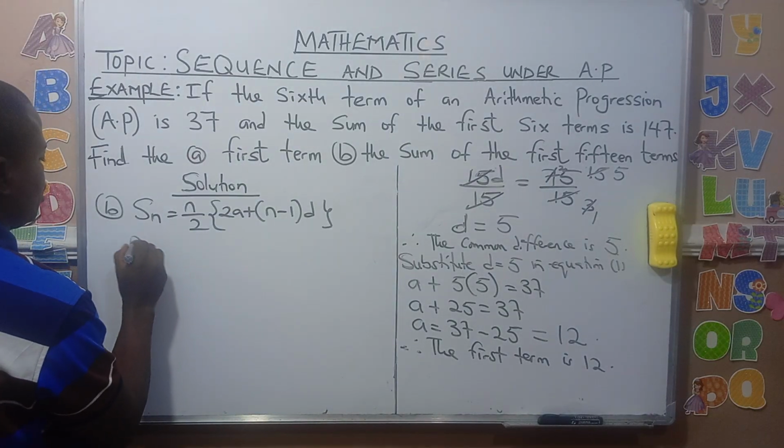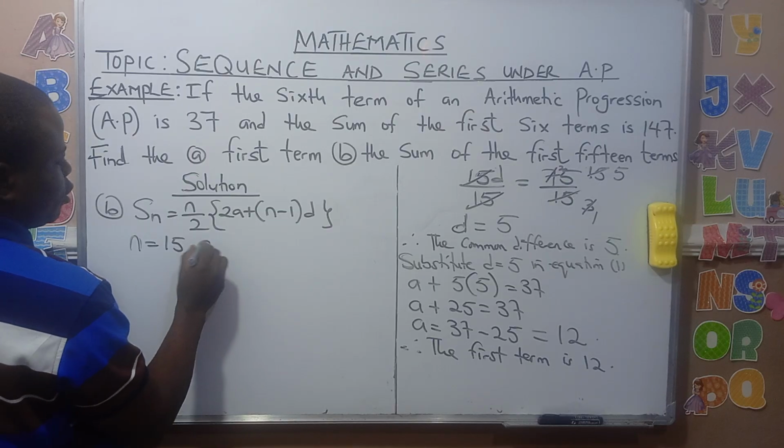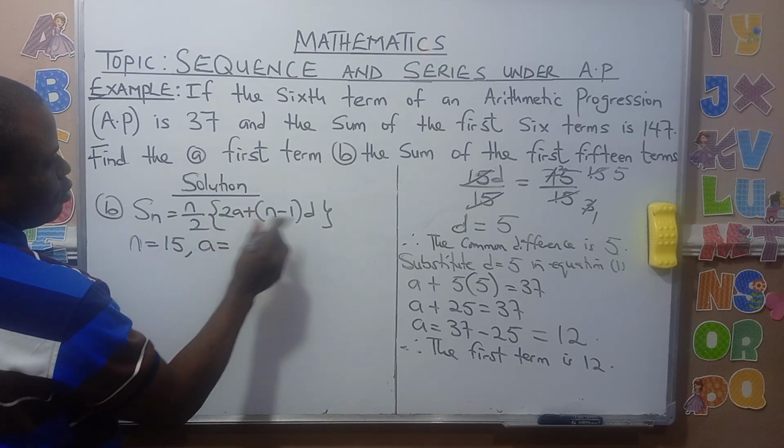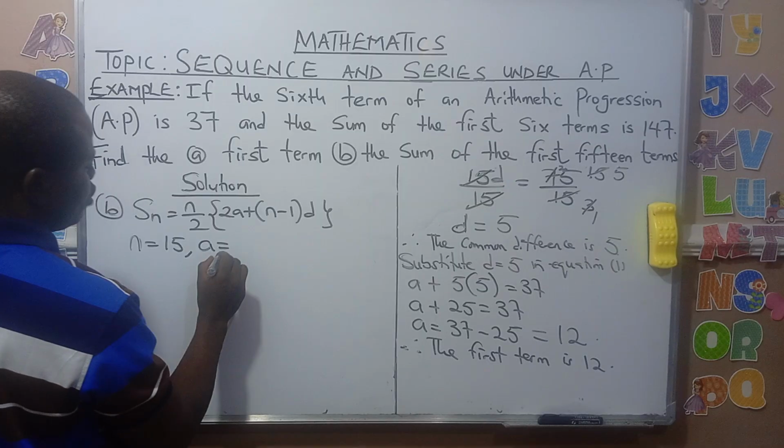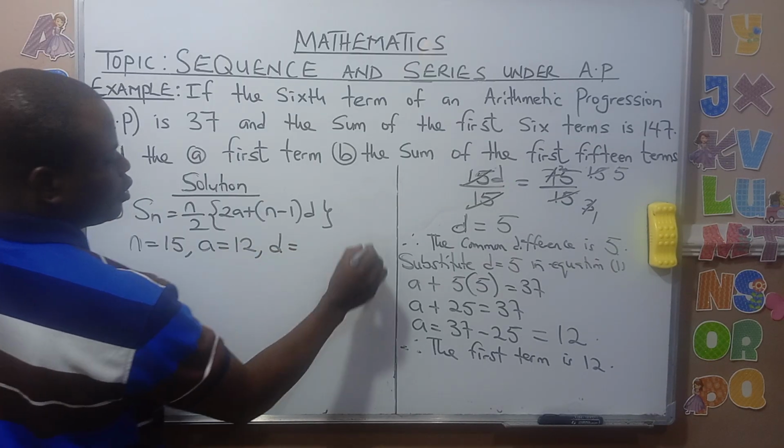Your n, in this case, is 15. Your first term, you got the first term to be 12. Your common difference is 5.